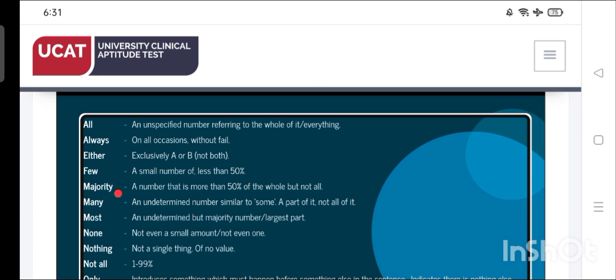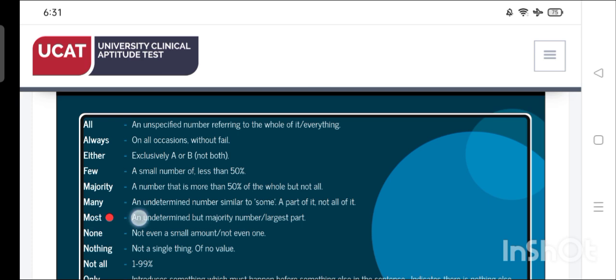Majority: a number that is more than 50% of the whole but not all. If we talk about everything, the whole of it, we are using all. But if we talk about the majority, we are saying the majority of it. It means most of that number, more than 50% of that whole, but not all.